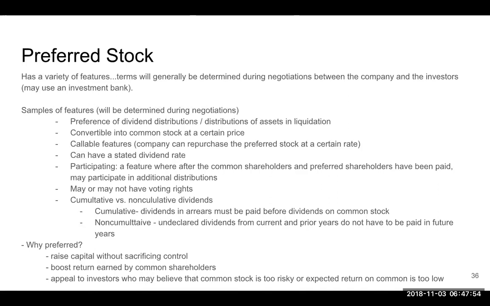The preferred stock can also be convertible into common stock at a certain price. What does that mean? Well, convertible means you take the preferred stock, and it can convert, meaning I can go from preferred to common at a certain price. When most companies go public, you will see that the preferred shares ultimately become common shares.